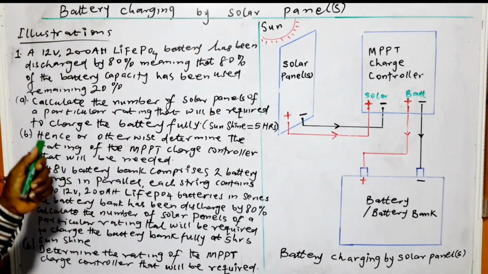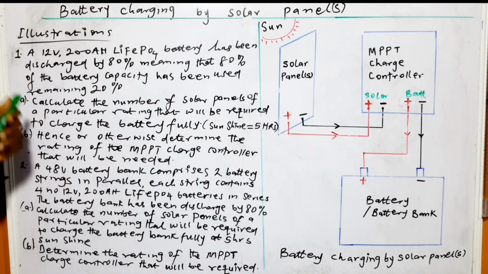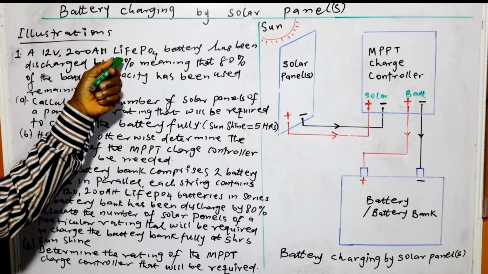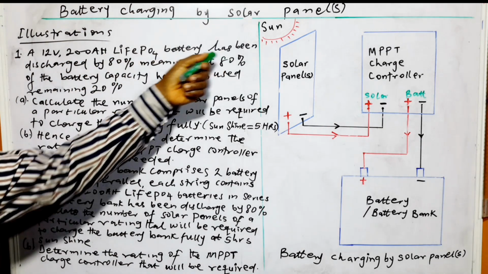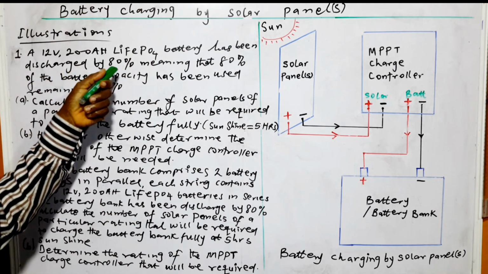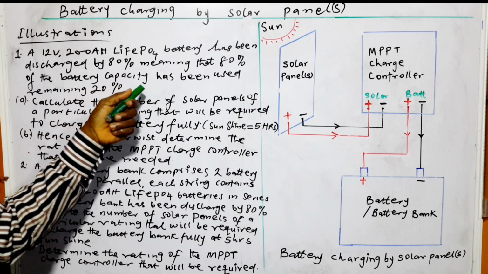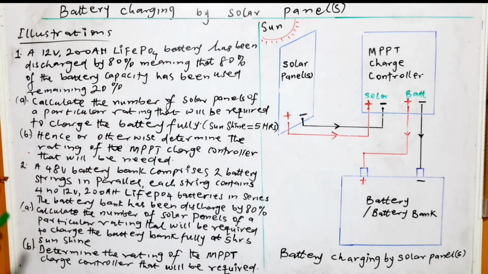Now, the illustrations. Number 1: a 12 volt 200 ampere hour lithium iron phosphate battery has been discharged by 80%, meaning that 80% of the battery capacity has been used, remaining 20%.